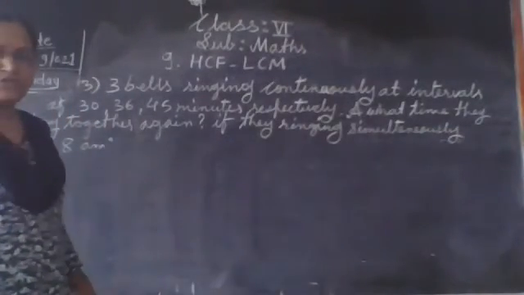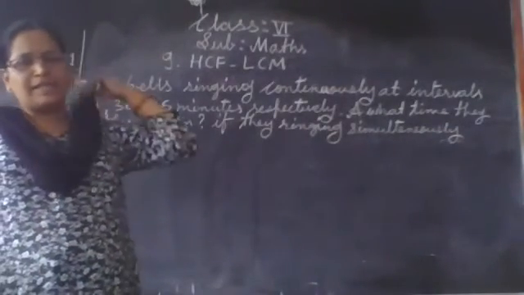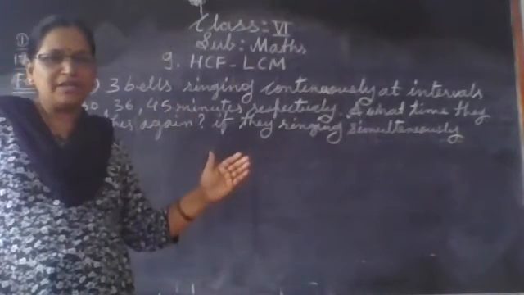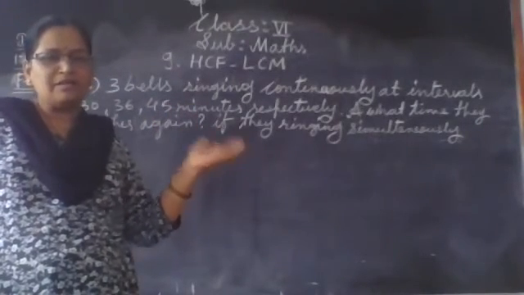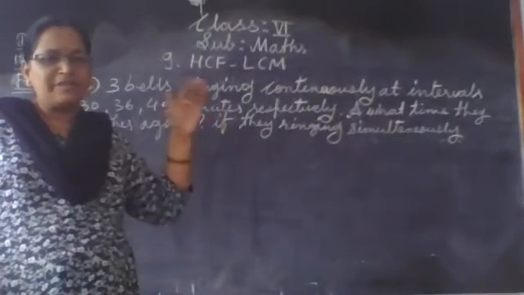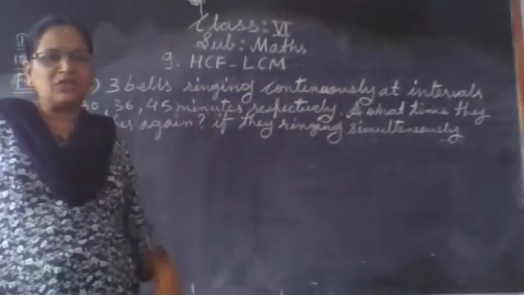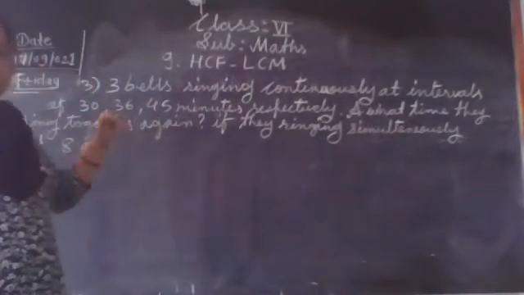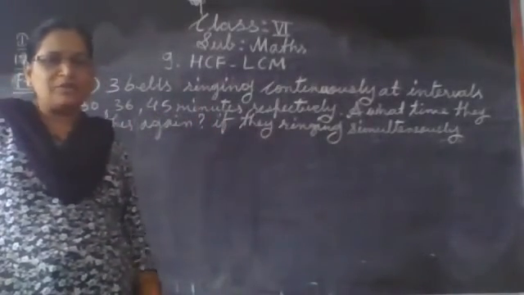Now see, beta, what is the question? 3 bells. First bell is ringing every 30 minutes, after 36 minutes the second one rings, and after 45 minutes the third one rings.